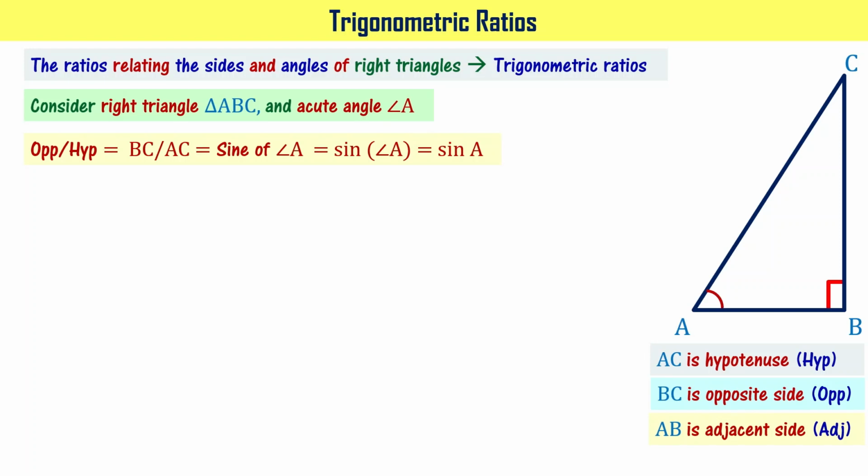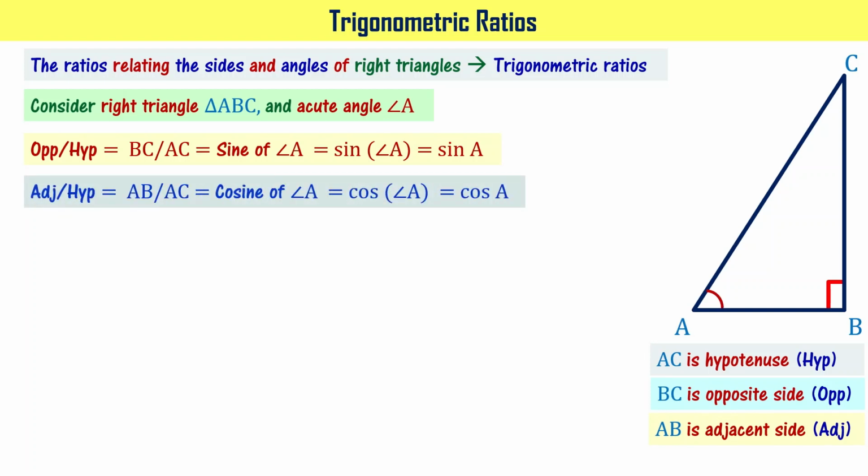That can be written also as sin of angle A, that is read as sin A. And we have seen the ratio of adjacent side and hypotenuse, that is AB by AC, for this particular triangle, can be called as cosine of angle A or cos of angle A. Simply, it can be written as cos A. These two functions we have seen. The other functions we have not seen are also there.